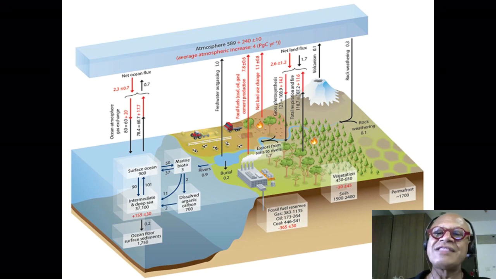Even on land, you can see that there is a downward flux of 2.6 with a high uncertainty of plus minus 1.2. We're talking about anthropogenic flux and natural fluxes, and again you are talking about the difference between two large numbers.